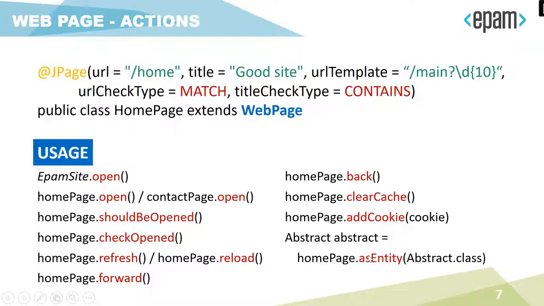And also, if you want, you can get all elements from your page as that data entity. For example, some abstract or some contacts if your page represents this entity. For example, for a product page, this is, I think, a more common example.